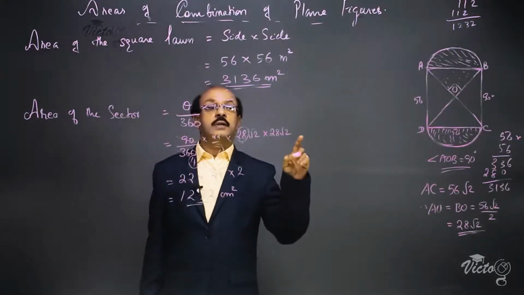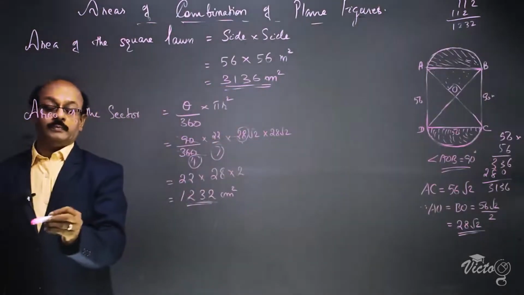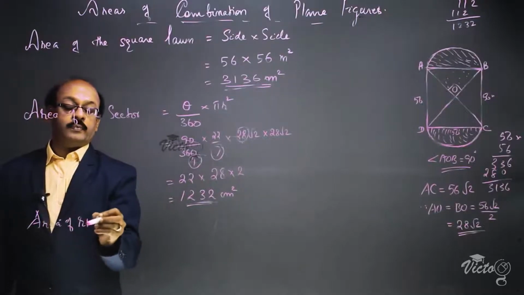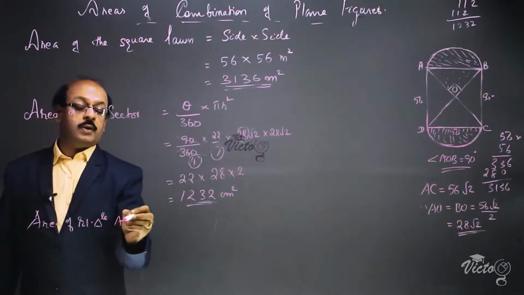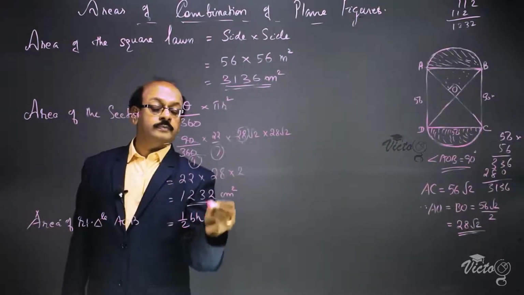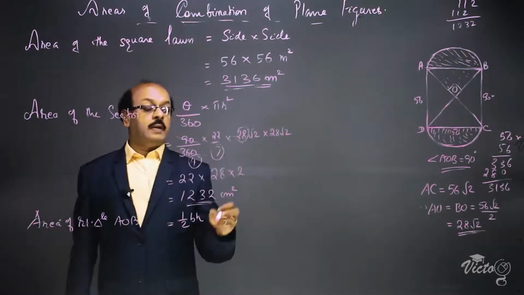Now we have to find out the area of the right triangle AOB. Using the formula half base into height, this is equal to half into OA into OB.